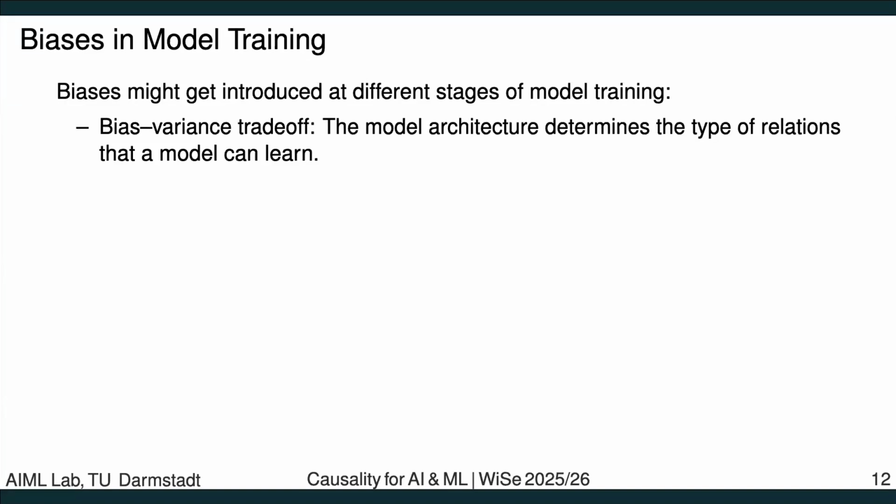I think one of the most common ones that you get taught is the bias variance trade-off, which is usually taught from a really technical point of view, where we say, well, if I have a very simple model, it probably learns the mean and a bit of variance. If I have a very complex model, it might not be that biased, but learn the real details of my data.